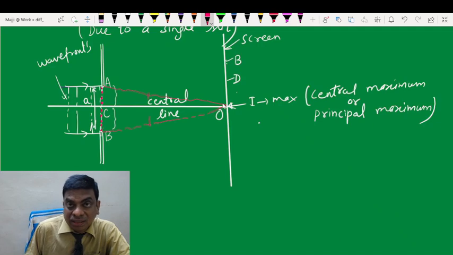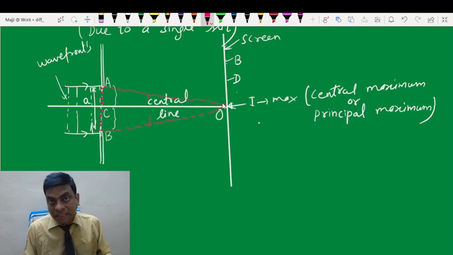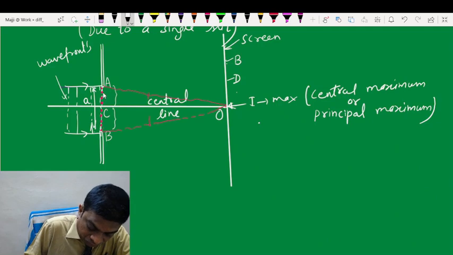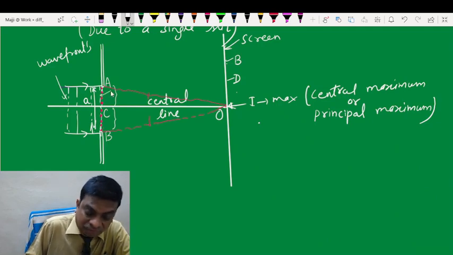So that will result in an enhancement of each other's effect, which in interference we call constructive interference, if you recall. Similarly, for any point corresponding to the upper half of the slit AC, there corresponds another point in the lower half equidistant from C, where the path difference is zero.